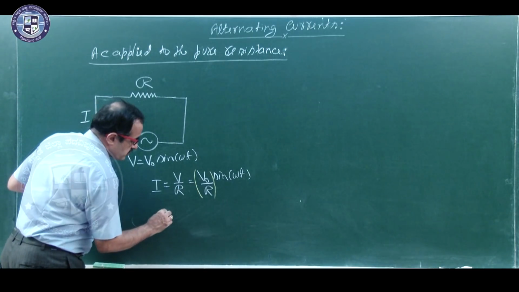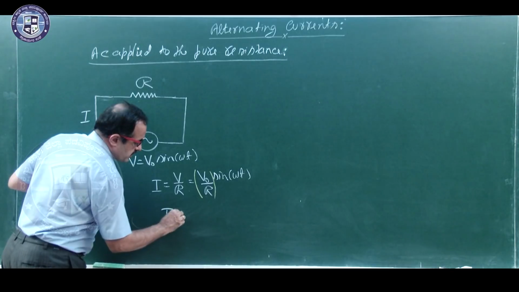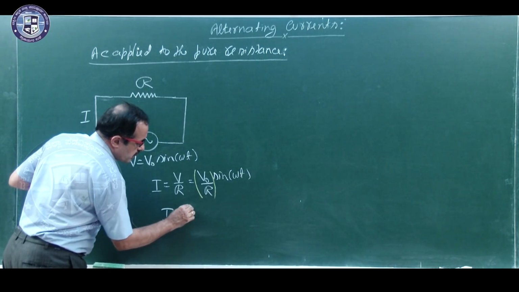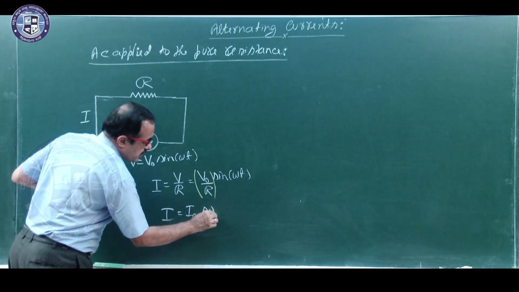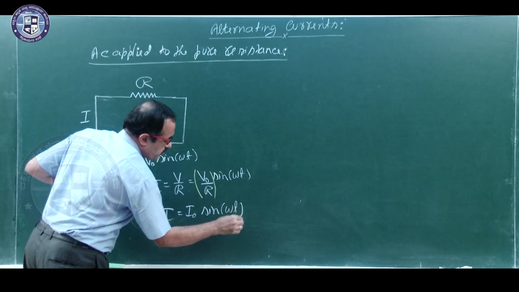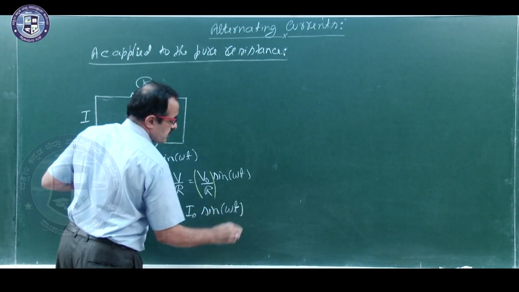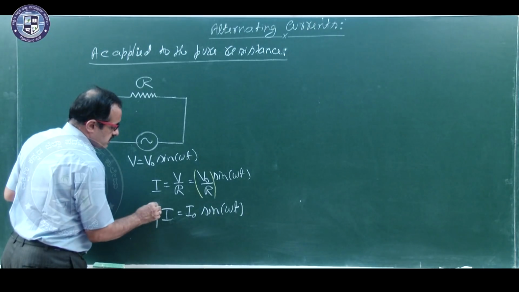Therefore, this formula can be written as I is equal to I naught into sin omega t.